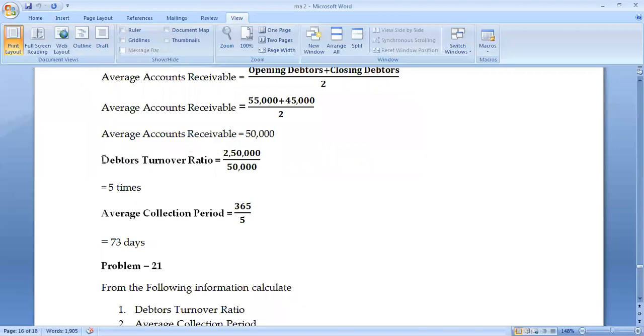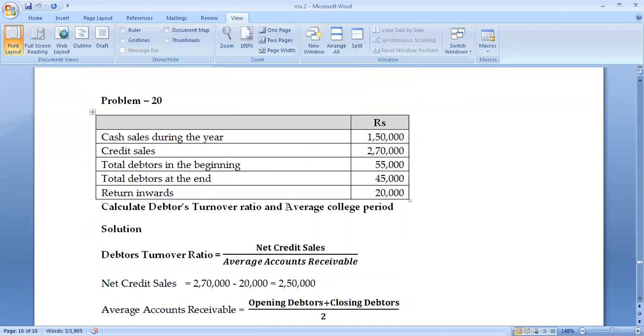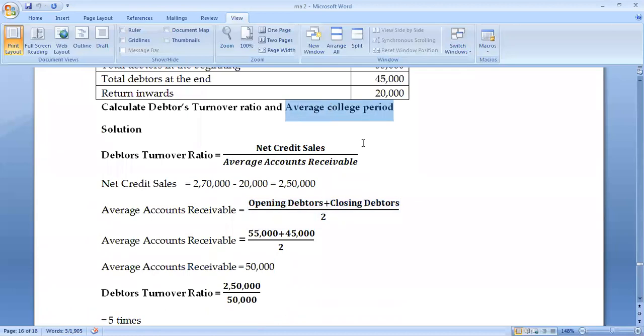Here, as it is a debtors turnover ratio, it considers only the credit sales information, not the cash sales. Clear? And you are also asked to find out the average collection period.